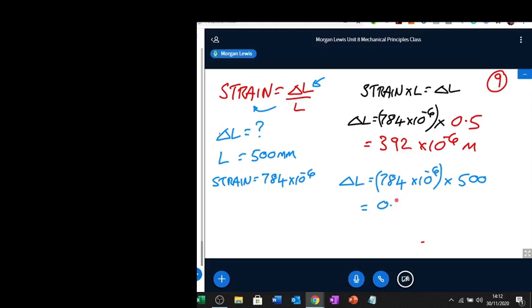That comes out 0.392 millimeters. It's the same answer. If you multiply it by millimeters, it comes out in millimeters. If you multiply it by a meter, it comes out in meters. 0.4 of a millimeter is not much, is it? I can picture that in my head better, but they're both correct.